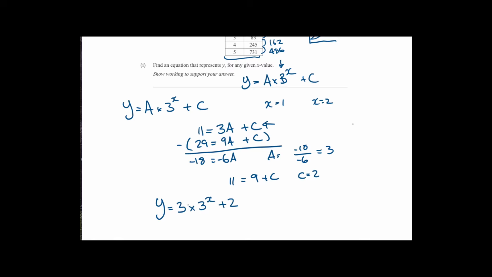But you can't really leave this 3 there. If these are the same numbers here, we could rewrite that as 3 to the power of x plus 1. So 3 to the power of 1 times 3 to the power of x, if you remember your indices, is going to be 3 to the power of x plus 1. And here is our final answer.